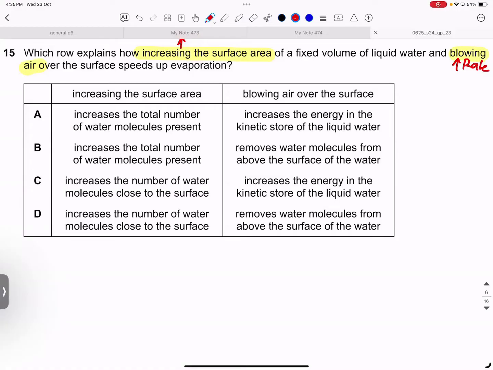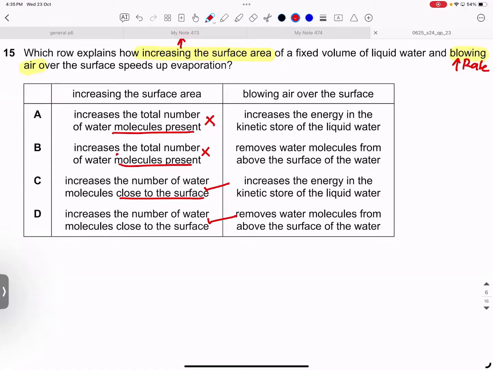Leave the surface. So more numbers on the surface. Increases the number of water molecules closer to surface? Yes. Now, blowing the wind will reduce humidity.